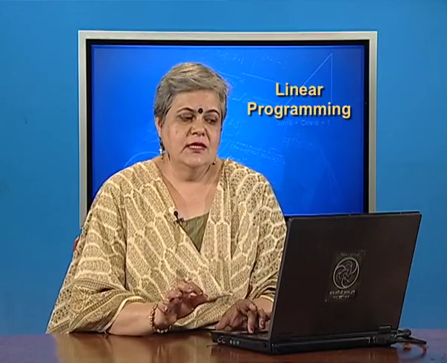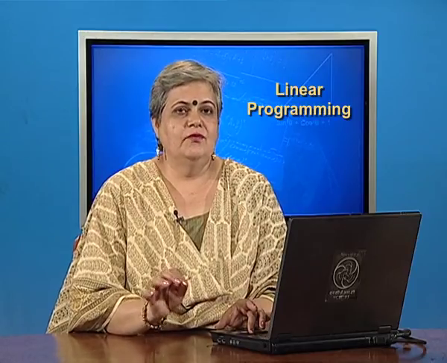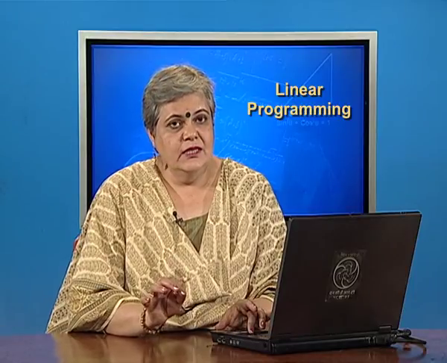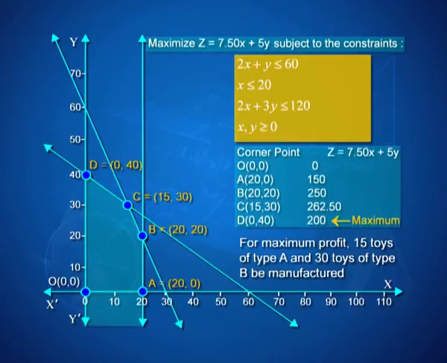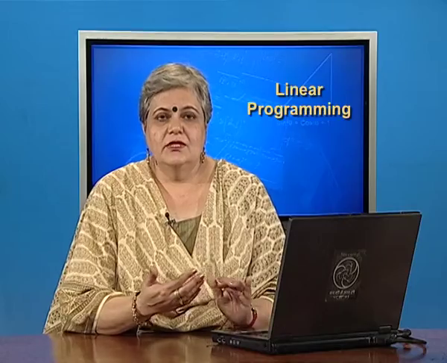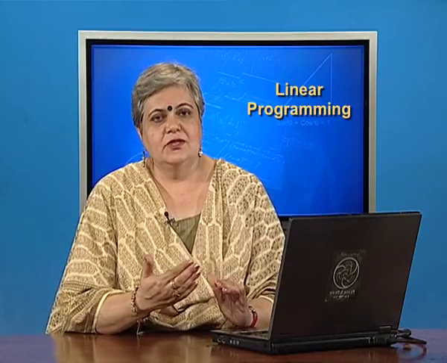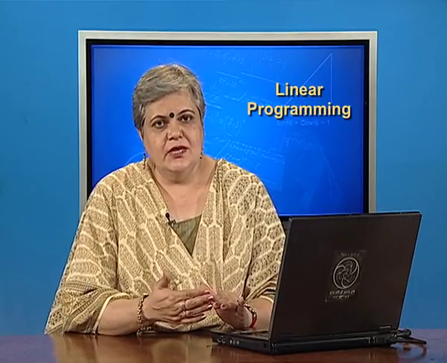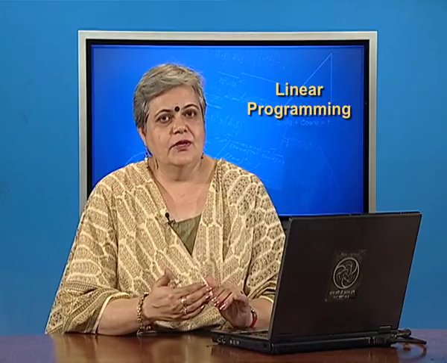Corner point method says that find the corner points of the bounded or the feasible region. In this case, what are the corner points? You can read most of them from the graph, but if there is a point which is not very clearly labeled from the graph, then solve the 2 straight lines which are intersecting to give rise to that corner point, solve their equations simultaneously and get the corner points.